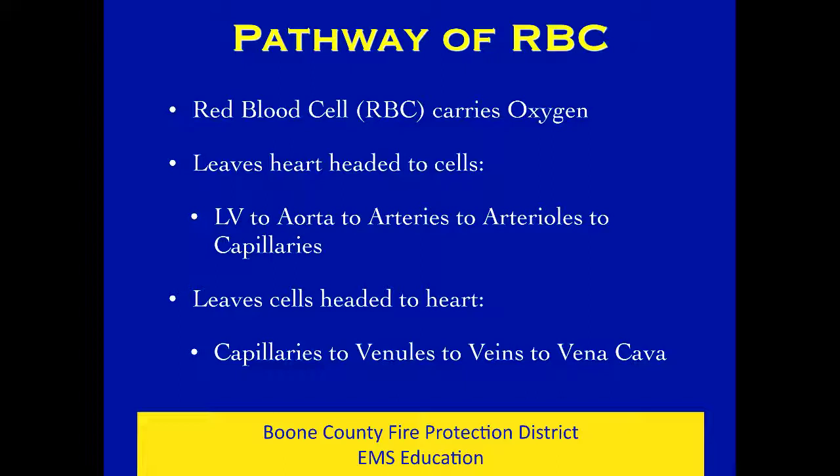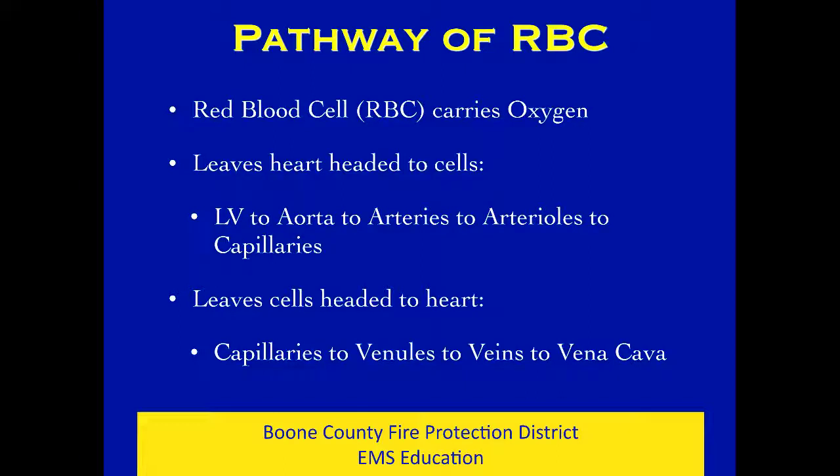If you can understand how a blood cell works its way through the system and what it's supposed to be doing. So oxygen is carried on red blood cells, carried out to the tissues and cells from the lungs. And a red blood cell path is what we're looking for. So as the red blood cell leaves the heart, headed out to the cells, it comes out of the left ventricle of the heart, goes to the aorta.